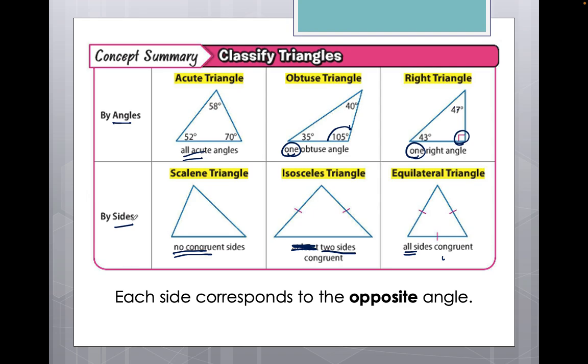One other thing we need to make sure we know is that sometimes we are given angle measures in our picture, and sometimes we are given marks on the sides in our picture. What we need to be aware of is that each side length corresponds to the angle that is opposite of it. Let me show you what I mean.